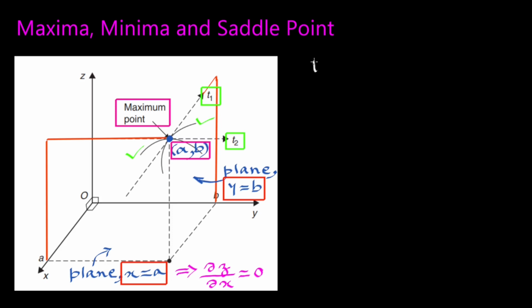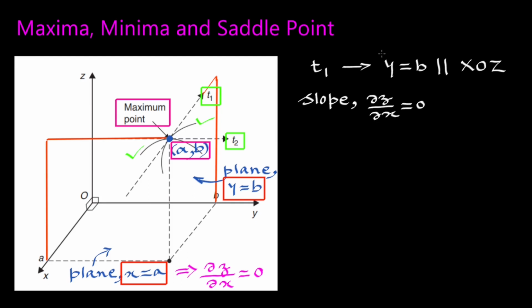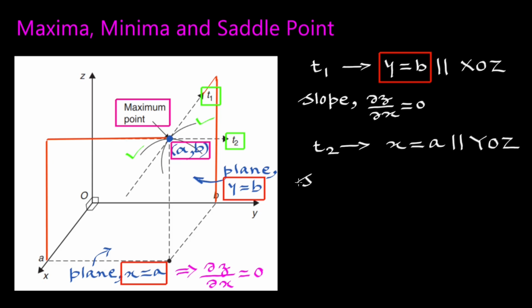Now tangent t1 lies in the plane y equals b, which is parallel to the coordinate plane xoz, and the slope of this tangent is given by partial z by partial x equals 0, because y is a constant b. Tangent t2 lies in the plane x equals a, parallel to the coordinate plane yoz, and the slope of this tangent can be given as partial z by partial y equals 0, because x is a constant a.